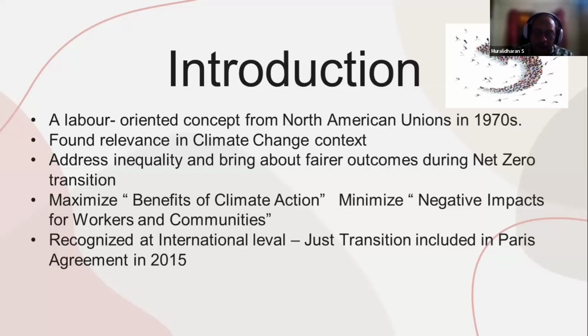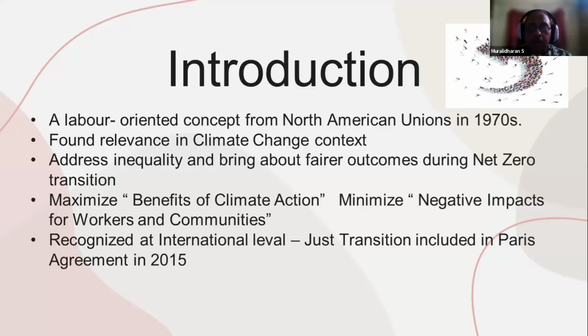What happened in the 1970s, when the petroleum economy came in, there were a considerable amount of legislations and the oil companies getting into that. And the workers who were working in the industry at that point of time said that if this sort of transition takes place, it may impact them severely.